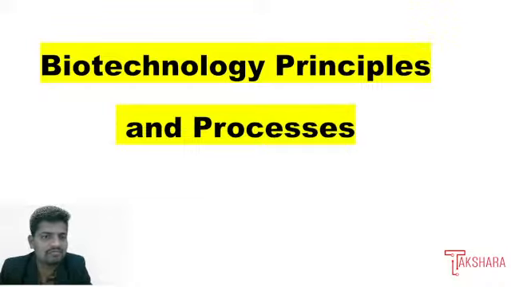In the concept of biotechnology and its principles, we have discussed some important topics, the different types of recombinant DNA technology, that is the tools of rDNA technology. Within that, we studied the different varieties of restriction enzymes, vectors and competent host also.